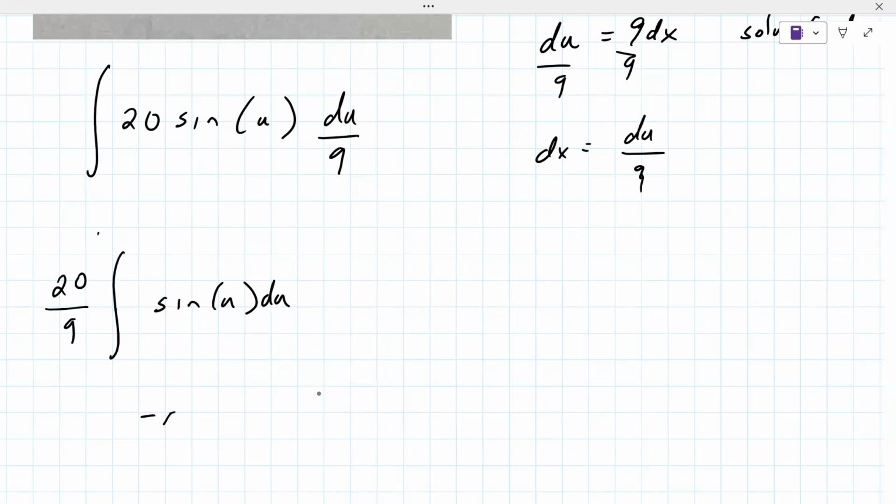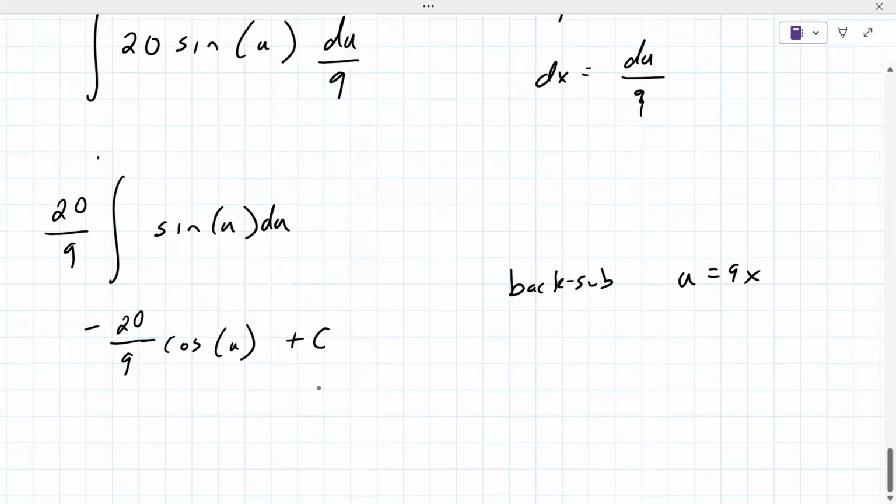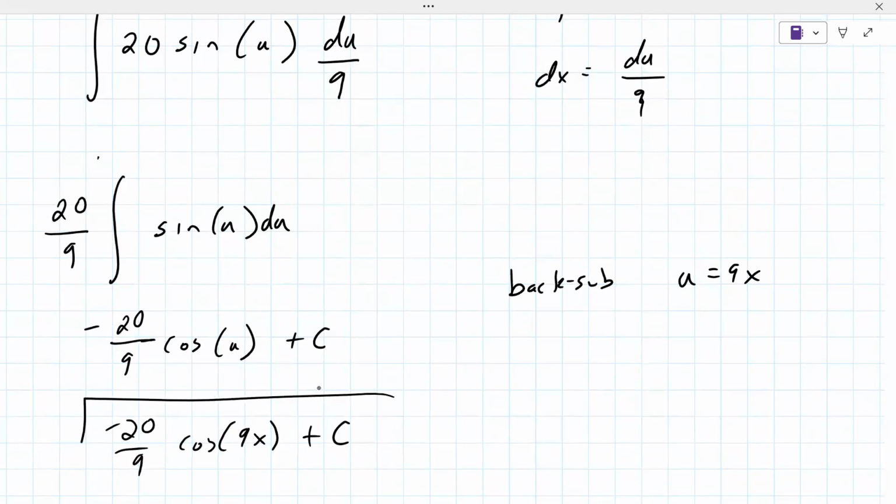And so the antiderivative of that was minus cosine of u plus c. You're going to bring the 20 over 9 down. When you make a u substitution, you have to back substitute. So it goes in as 9x, right? 9x plus c.